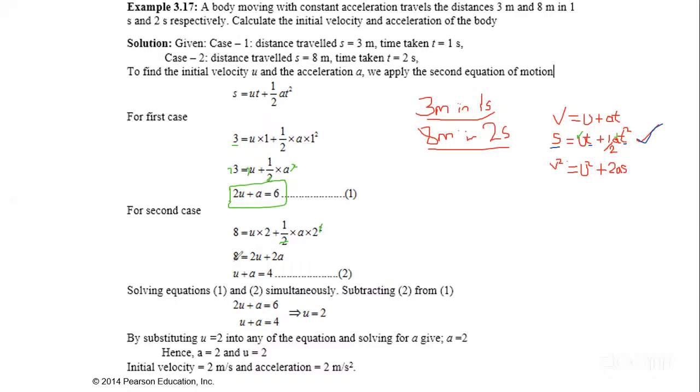Now we can simplify this further by dividing through by 2. That will give me 4 equals u plus a.